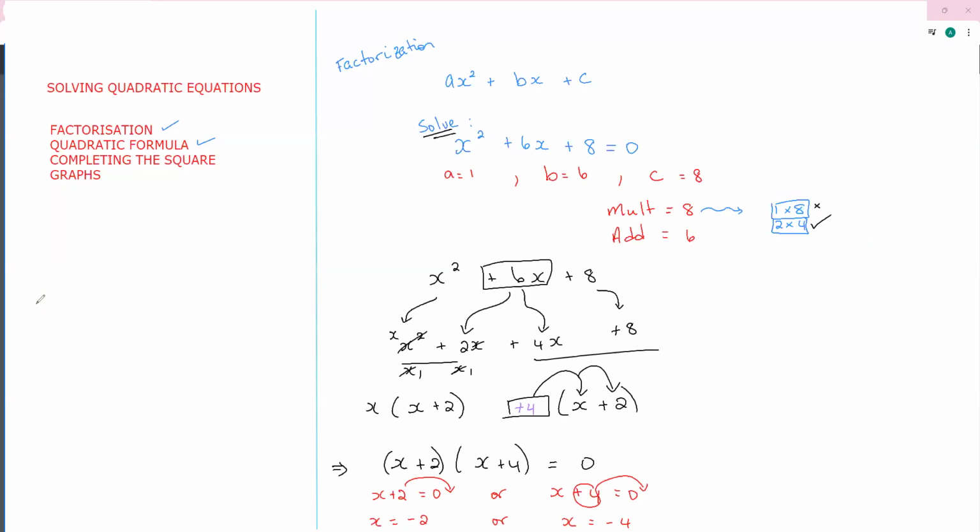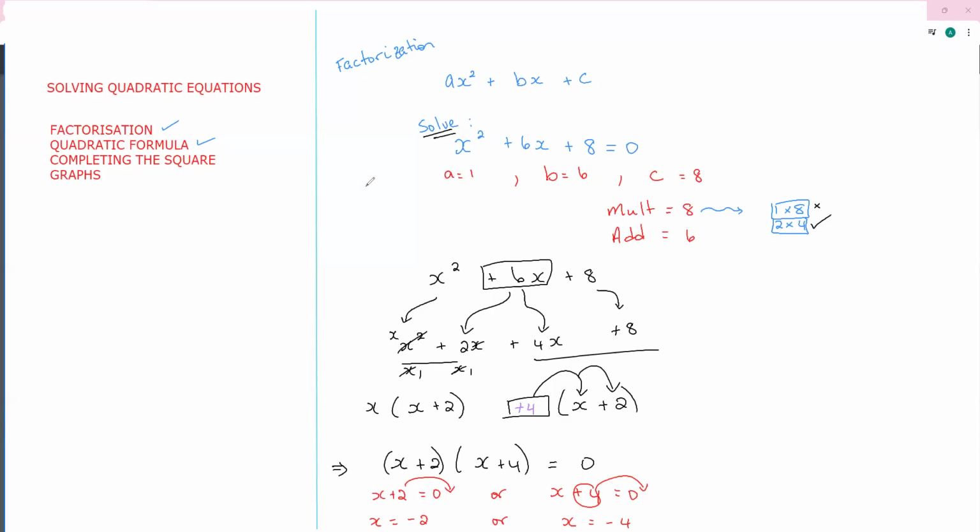Now, at the CSEC level, I've realized that they will guide you as to how to solve it. So normally they will tell you to factorize it, and then they may tell you to solve it after.